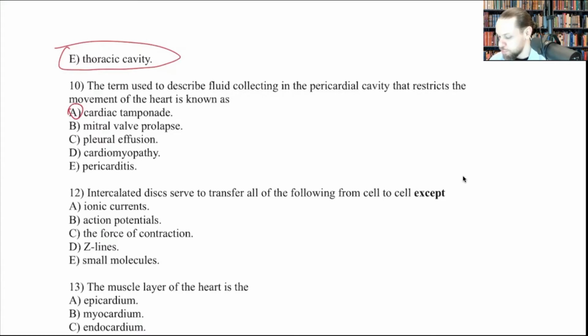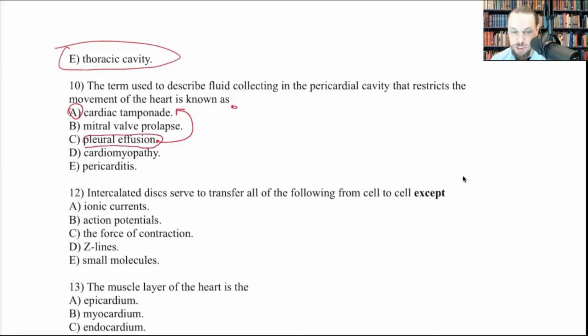It says restricts movement of the heart, but it's not until the patient starts to develop the signs of Beck's triad, when they have hypotension, muffled heart sounds, narrowing pulse pressures, that it transitions from effusion to tamponade. For this one, they say that A is the correct answer, even though that's not truly a good definition for it. The fluid collecting that restricts the movement is still just an effusion.